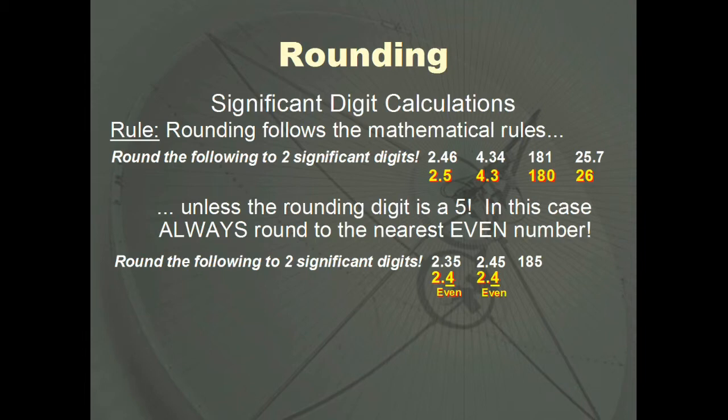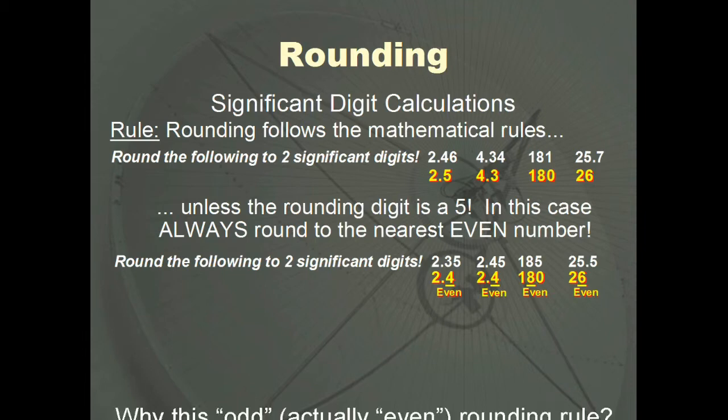Again, if I rounded this one up, I would come up with 190, and that would be uneven. However, rounding down to 180 gives me an even number for my rounding. What about 25.5? Again, where's the next even number? In this case, it's up, my 26, and the 6 would be even.